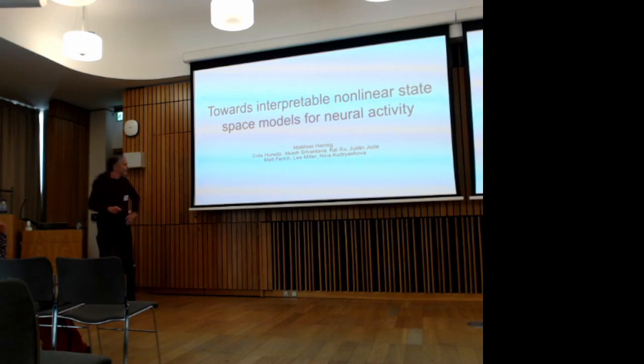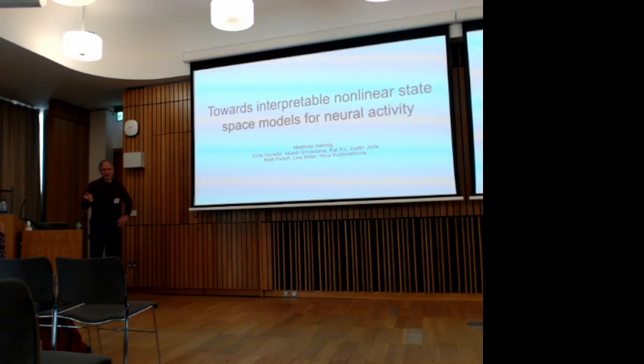There he is. The data that I'm showing comes from Matt Parrish and B. Miller from Northwestern at the time, and they collaborated with us on the interpretation as well. And finally, I'd like to acknowledge Nina, who gave us lots of advice on this, although I'm not showing any results from her today.